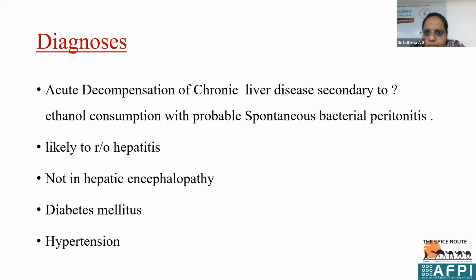LFT, sir, first. The total bilirubin will be raised, and we'll check for direct and indirect bilirubin. SGOT and SGPT will be elevated. For an alcoholic patient, the SGOT to SGPT ratio will be more than 2, ALP will be raised, and gamma glutamyl transferase will also rise.